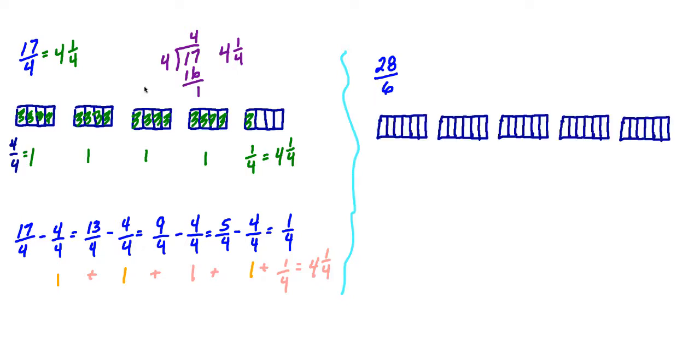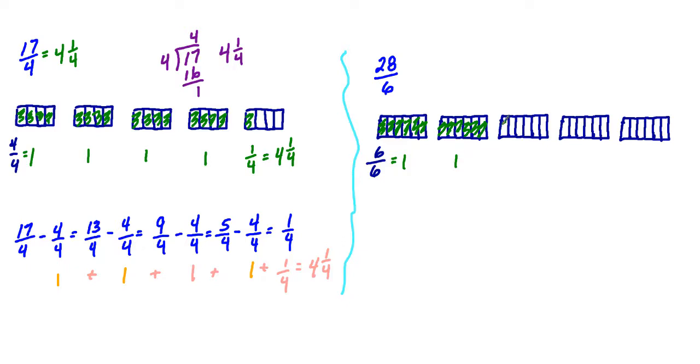All right, so let's take a look. I've drawn my rectangles out. Remember, for each of these, each rectangle is 6/6, and 6/6 is equal to 1 whole. So let's start shading. 1, 2, 3, 4, 5, 6. 1 whole. 7, 8, 9, 10, 11, 12.